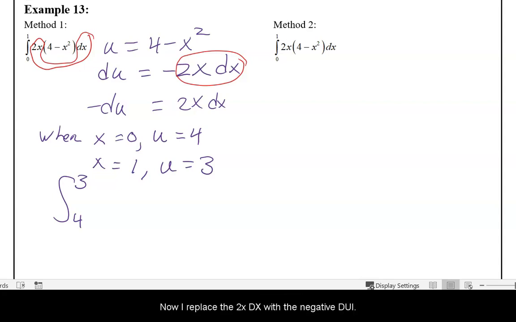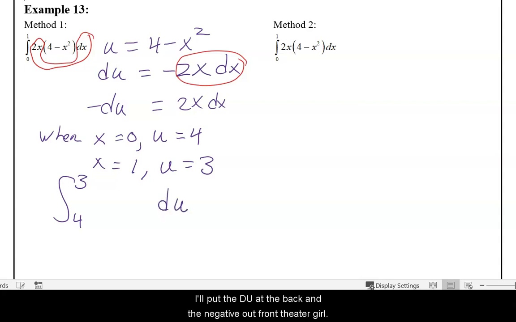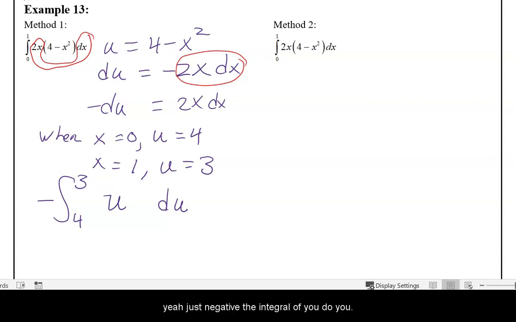Now I replace the 2x dx with the negative du. I'll put the du at the back and the negative out front of the integral. The 4 minus x squared is u, which means that this becomes just negative the integral of u du.